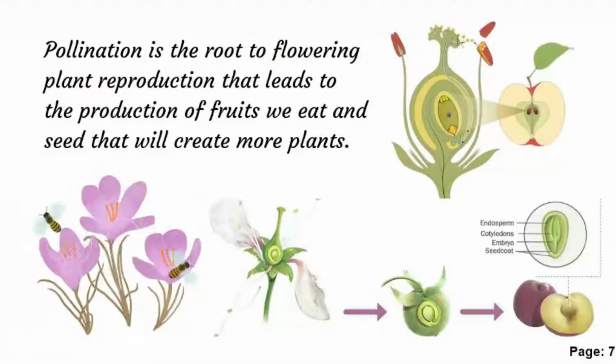And for pollination to be successful, the pollen grains must be transferred from the same species of plant. And as you can see, pollination is the route to flowering plant reproduction that leads to the production of the fruits we eat and seeds that will create more plants.